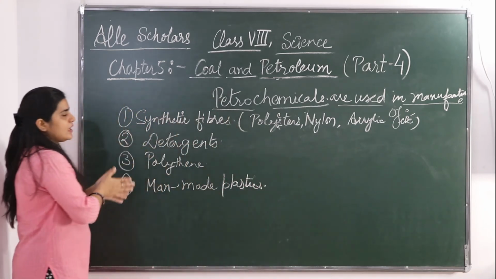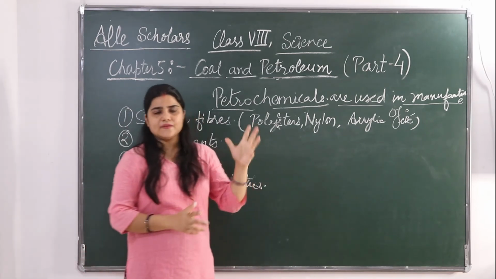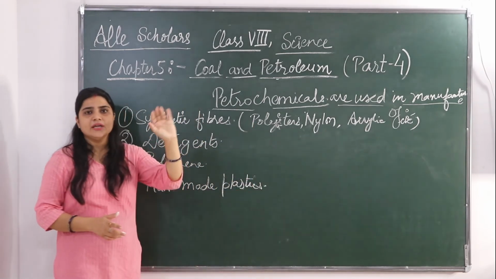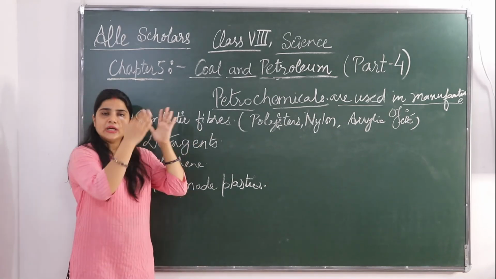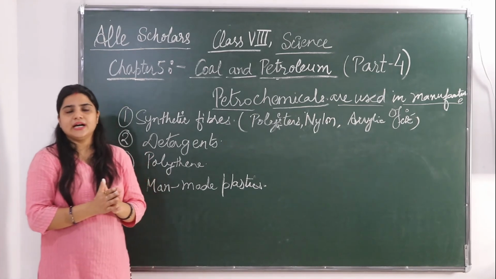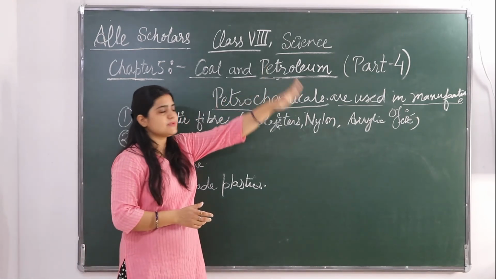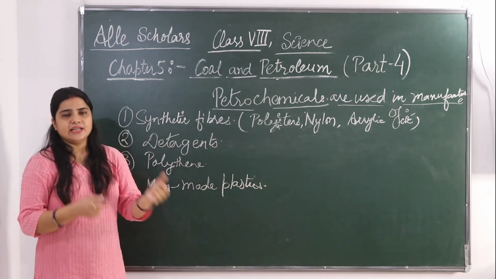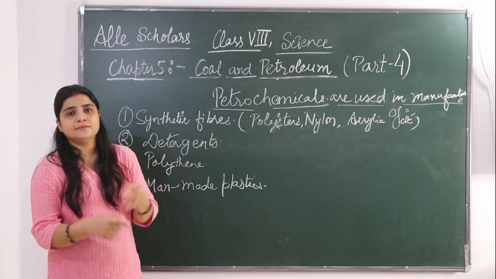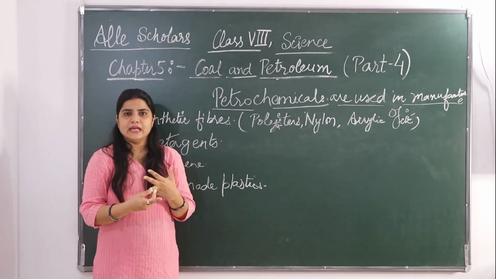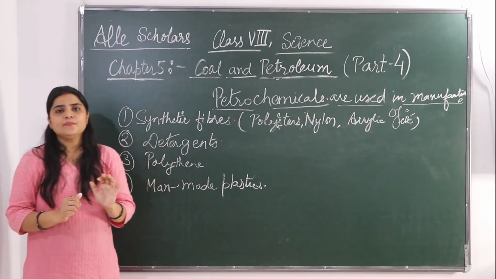So this was all about petroleum. We have seen a lot about petroleum and its uses, and the uses of the different constituents when refined in the refinery. If a question is asked about the uses of petroleum, you are going to write that it is used in houses and industries, in stoves and lamps for burning, for making candles and vaseline.